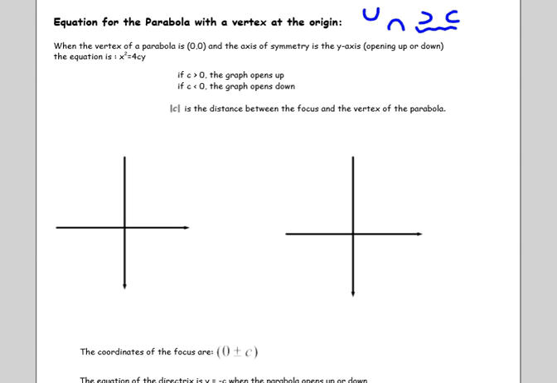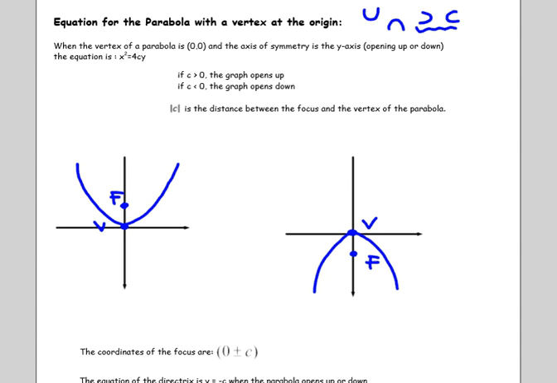So if the vertex of the parabola is 0, 0, so let's say here my vertex is 0, 0, it can either go up like this or go down like this. And my focus will be somewhere here. So my vertex is here, my focus is here. In this one, my vertex is there, my focus is here.